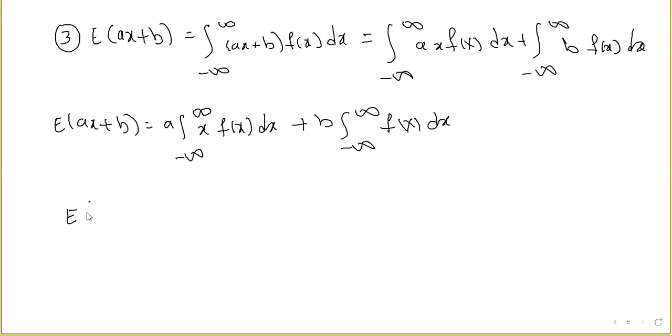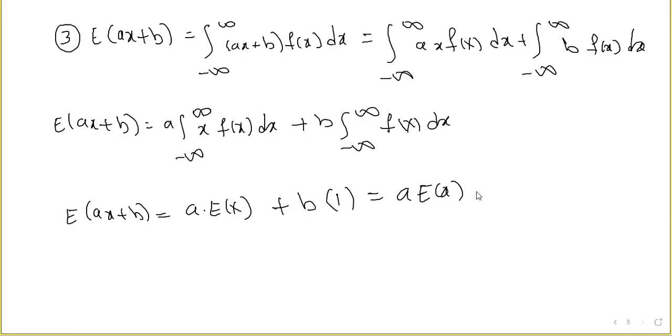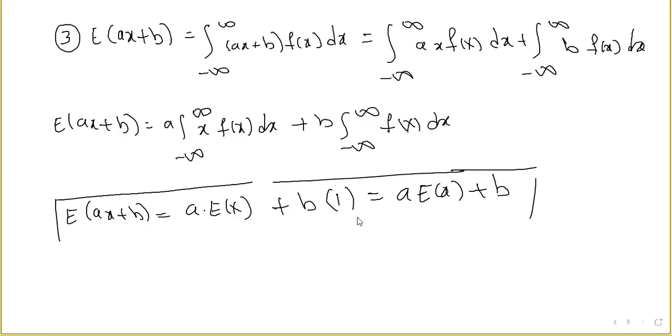So expected value of ax plus b is equal to a into, this is nothing but the expected value of x, plus b into, this is nothing but again the second property of the PDF, equal to 1. So hence we proved that a into expected value of x plus b, right? So any doubt in this proof?